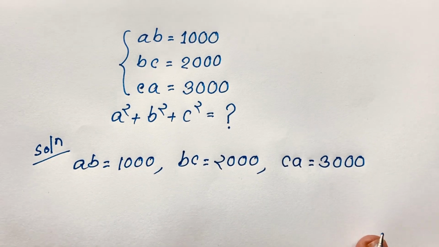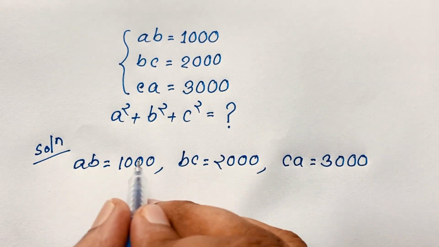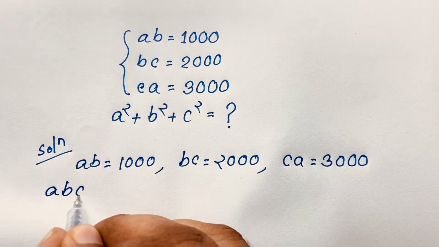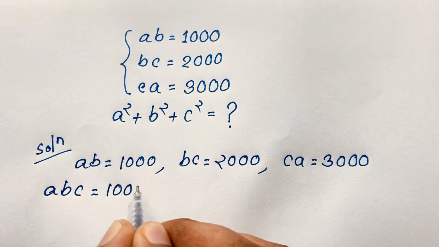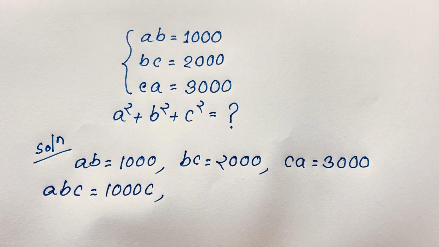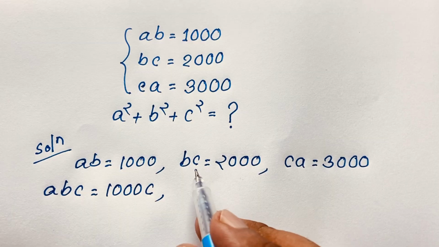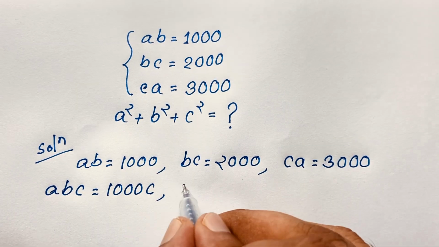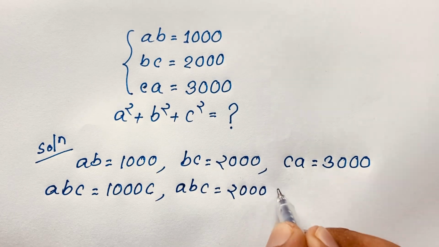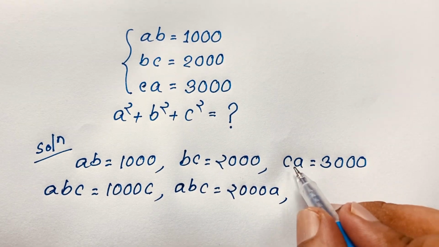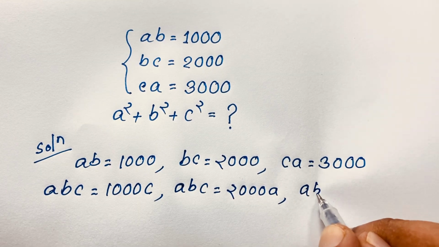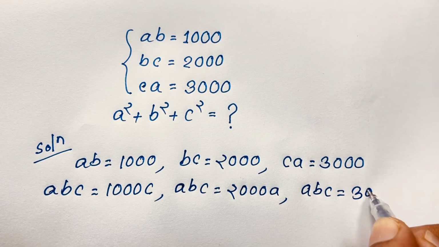Now at this moment I multiply the first equation on both sides by C, so it will be ABC is equal to 1000C. Then here is BC, so I multiply both sides by A, so it will be ABC is equal to 2000A. Then here CA, so I multiply both sides by B, so it will be ABC is equal to 3000B.